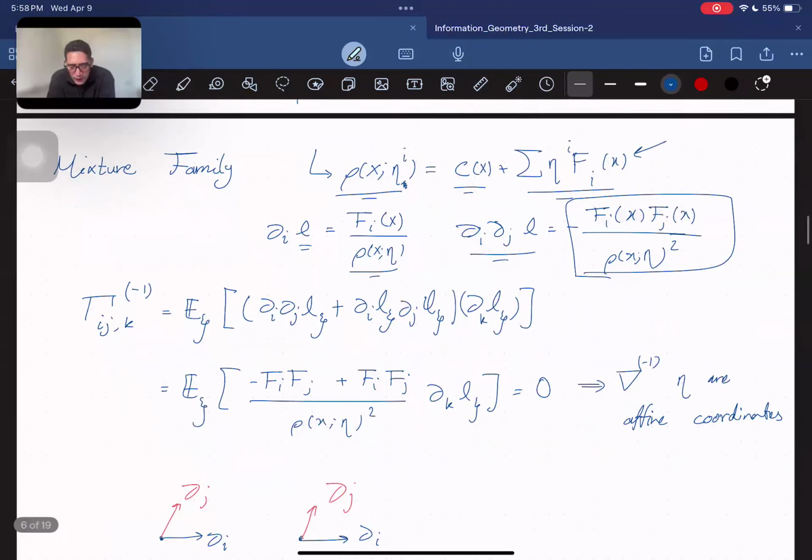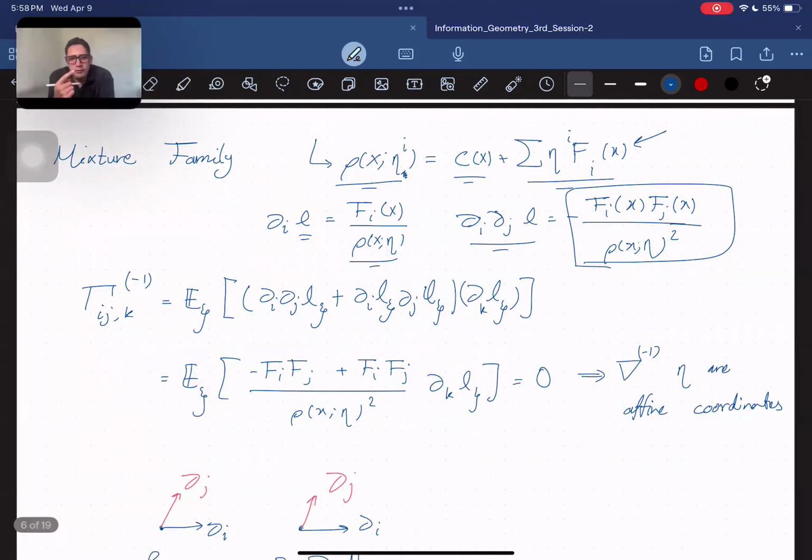Now, if you go up and put alpha equals -1 in the definition of the alpha connection, the formula would look like this. Now, all I need is to calculate both. So this is this.